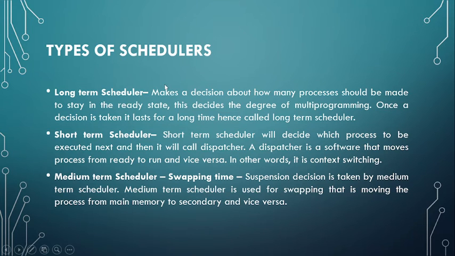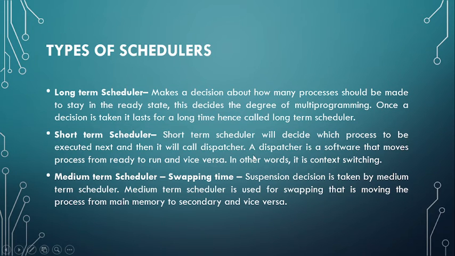Here the long term scheduler selects processes which are created. When we create a process, the long term scheduler selects a mixture of both input output bound and CPU bound processes and loads them. And then the short term scheduler, or dispatcher, selects processes which are loaded by the long term scheduler.